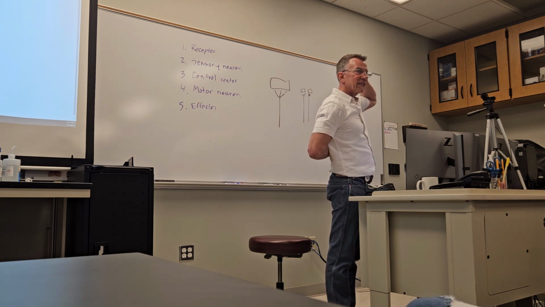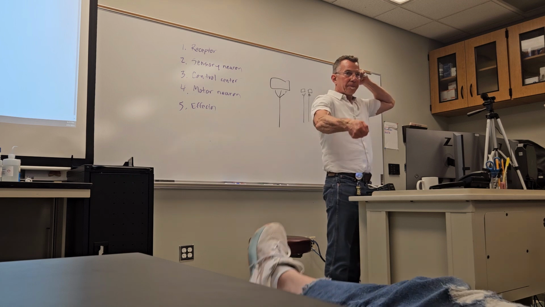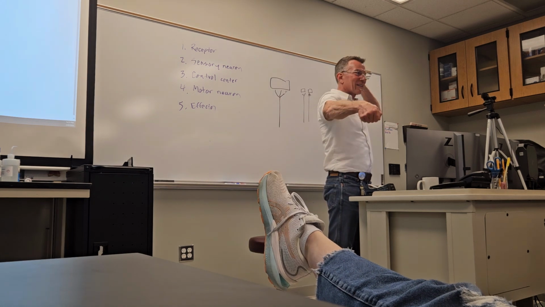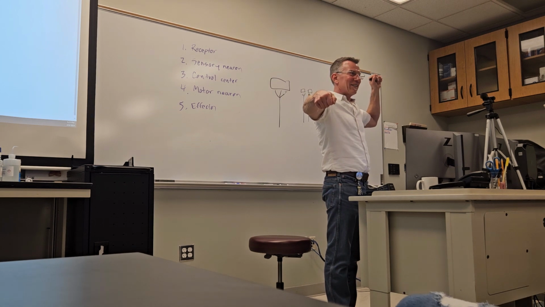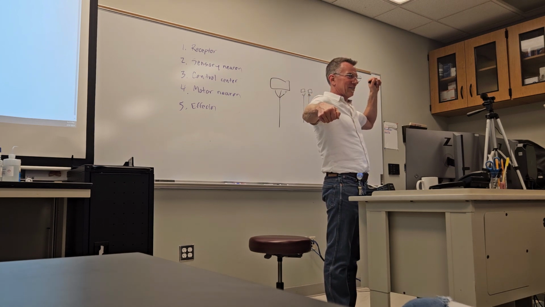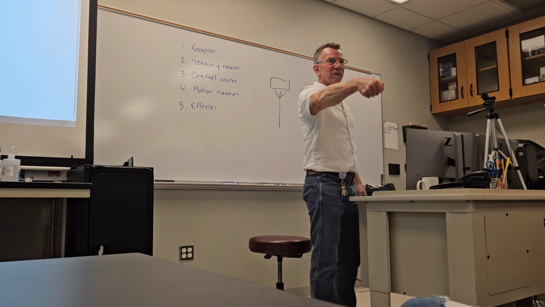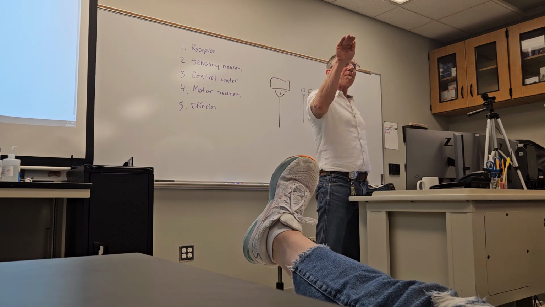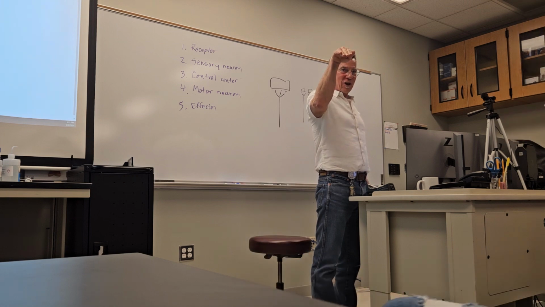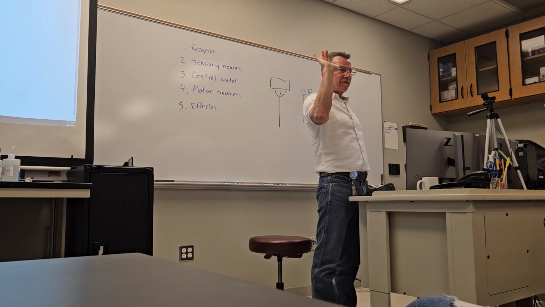And I would test that using what test? The Babinski test. As I stroke the bottom of the foot, what would be a normal response? Forward. Plantar flexion. An abnormal response would be dorsiflexion.